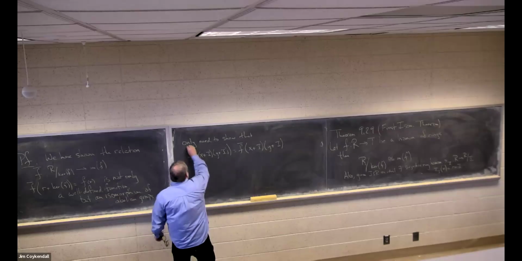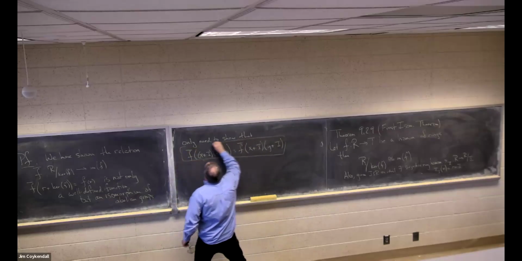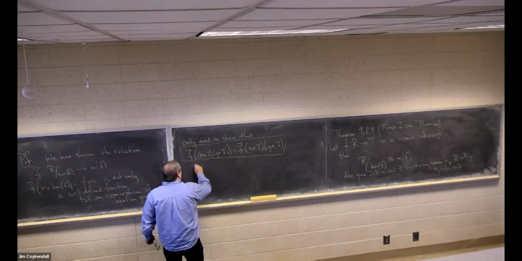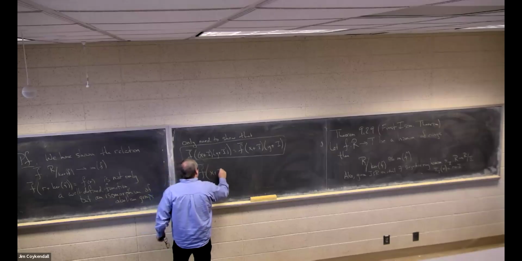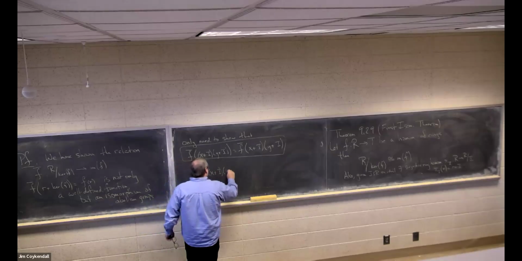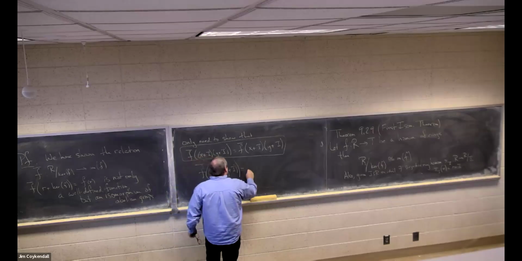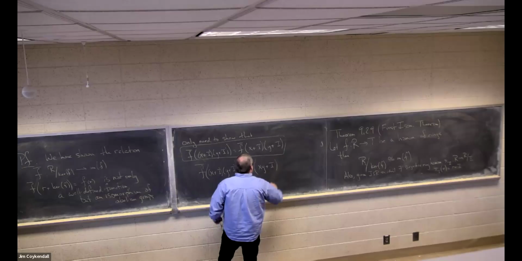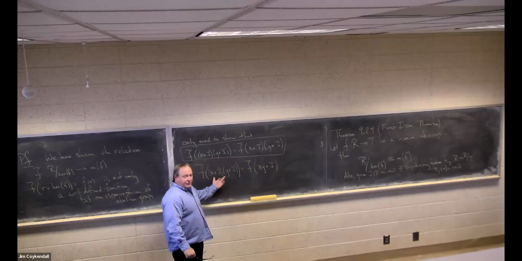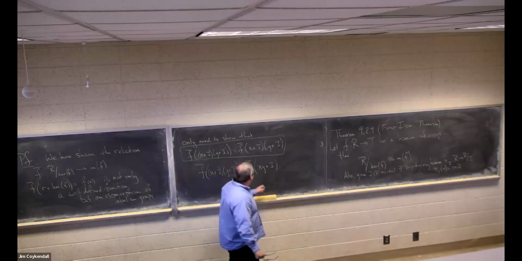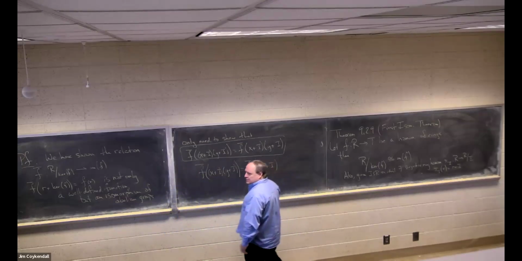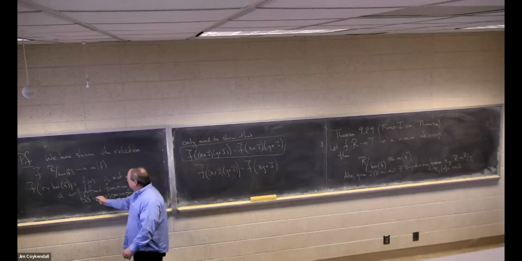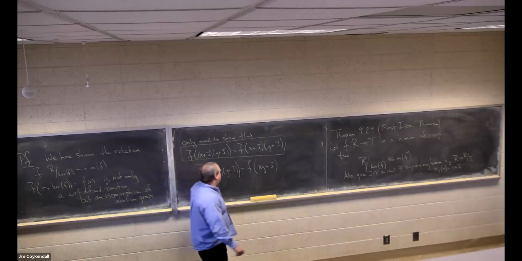So let's do this. F bar of (x plus I)(y plus I) is F bar of xy plus I. I've simplified this because this is the way that we multiply. And what is F bar of xy plus I? Well, it's just F of xy.